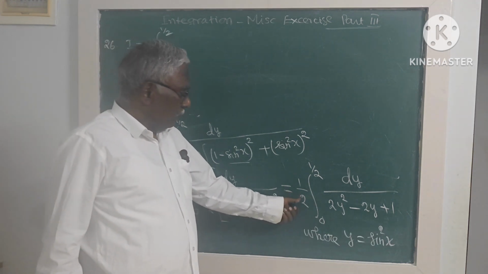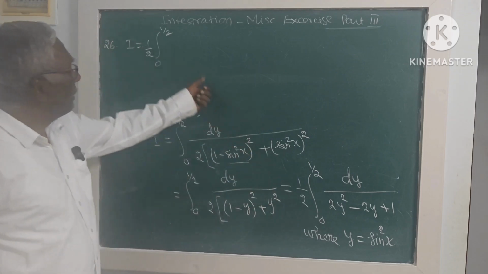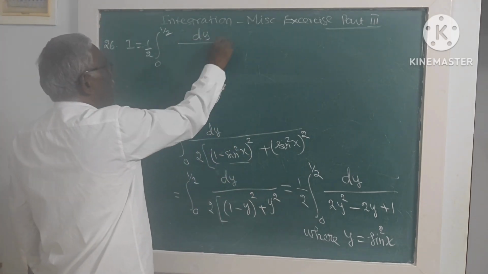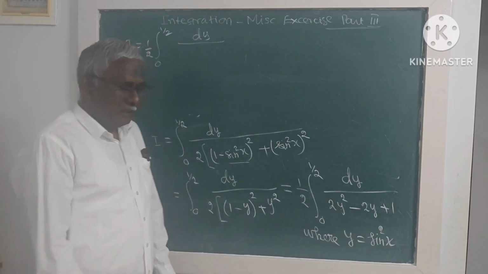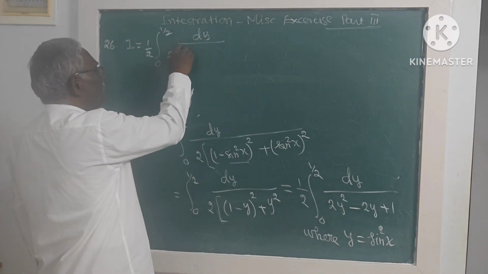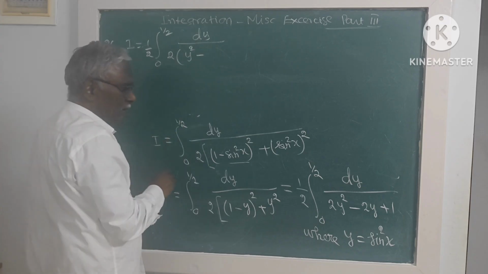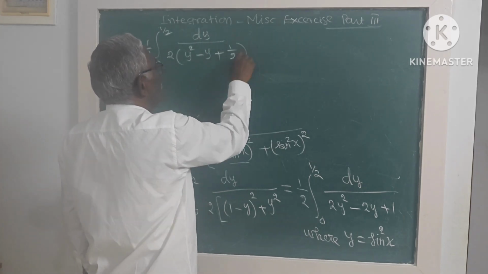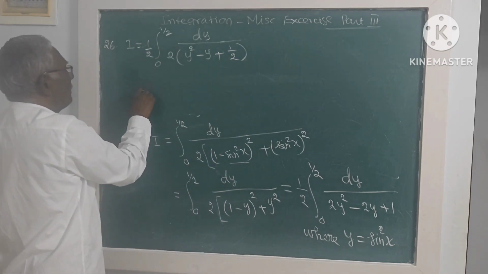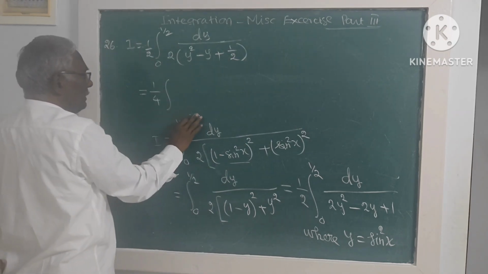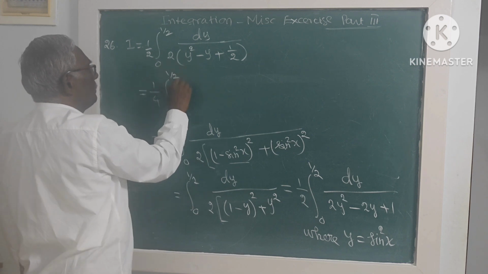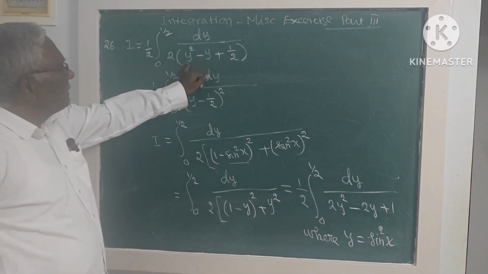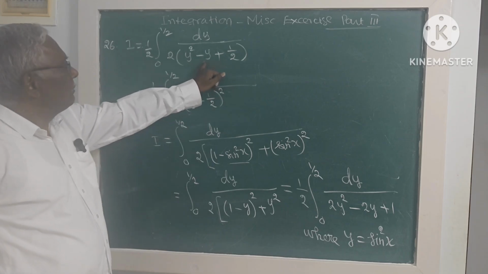So I is equal to half times integral 0 to half dy by 2y square minus 2y plus 1. Take 2 outside, then it will become y square minus y plus 1 by 2. So this becomes 1 by 4 times integral 0 to half dy by, this is a square plus 2ab term.